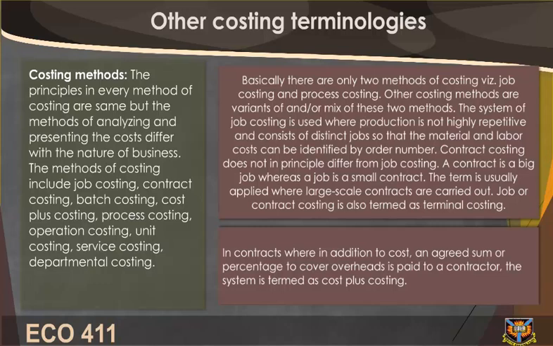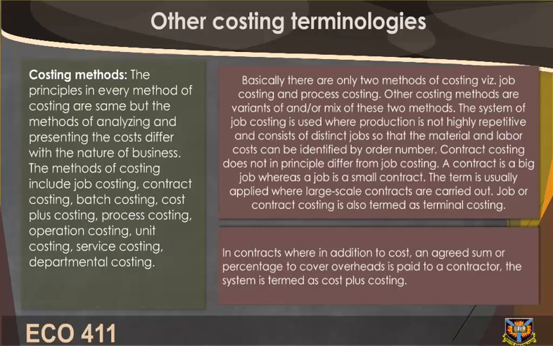The system of job costing is used where production is not highly repetitive and consists of a distinct job, so that the material or labor cost can be identified by order number. Contract costing does not in principle differ from job costing. A contract is a big job, whereas a job is a small contract.